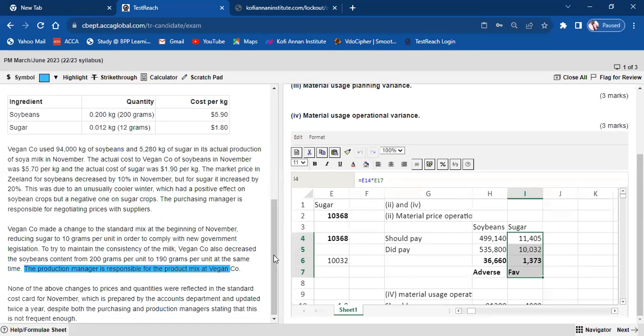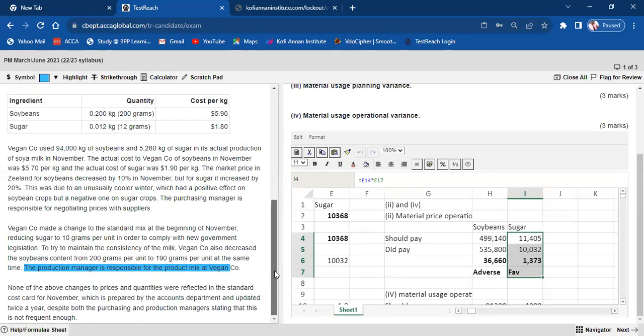So I'll say that the planning variance for usage was due to the standard mix being changed because of new government legislation, which the company must adhere to.